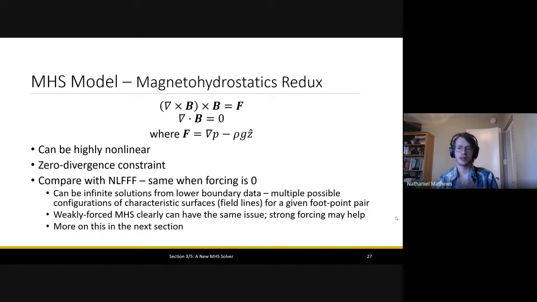That's because in general, we won't assume that it's known, but any particular run of the forward model will impose a different plasma forcing. So as we're searching for the best magnetic field, we'll also end up finding sort of the plasma forcing that's correct in some sense. Of course, magnetohydrostatics has problems, non-uniqueness problems, just like nonlinear force-free fields do. It must, because when the plasma forcing is 0, they're the same. That's something that I'll inspect a little bit at the end of this talk if there's time.